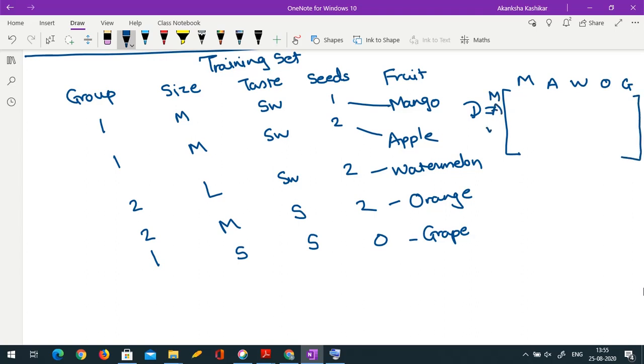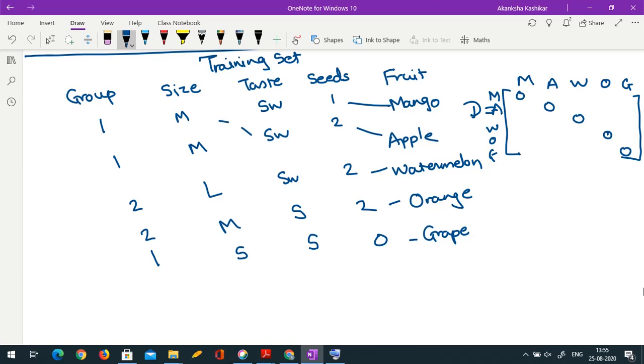The diagonal distances are going to be 0. Mango to apple, what is the distance? We are going to use the binary, trivial distance, so 0 and 1. The distance is 0 if the 2 observations are equal, and 1 if they are unequal.